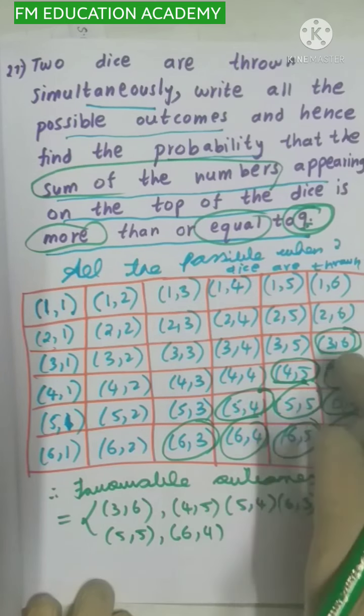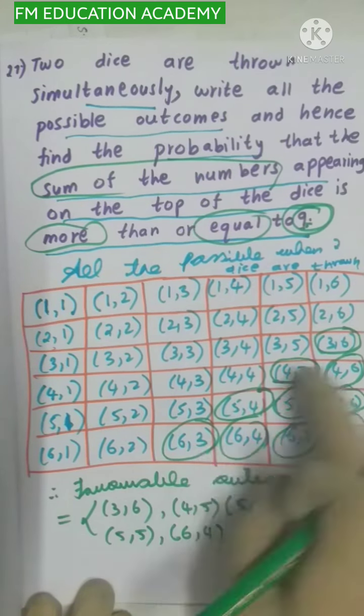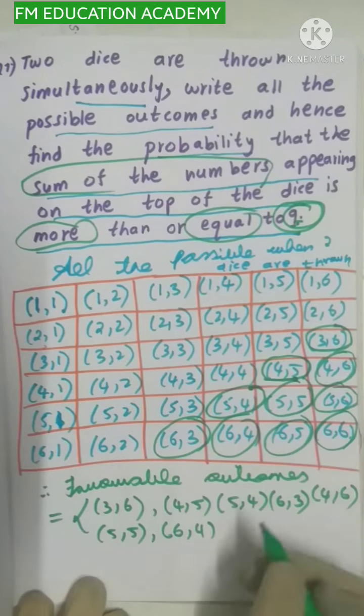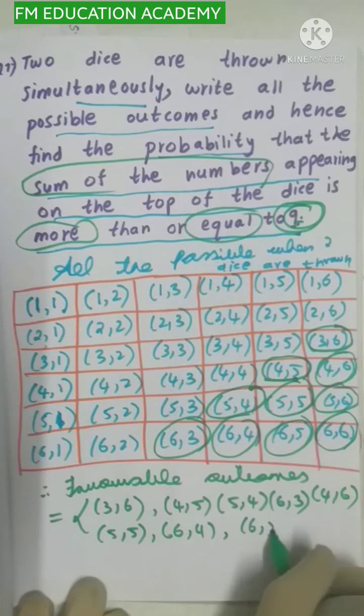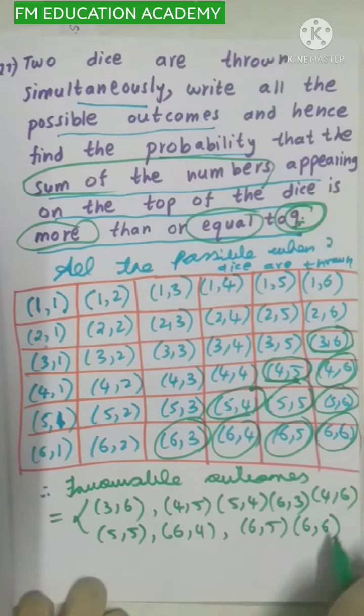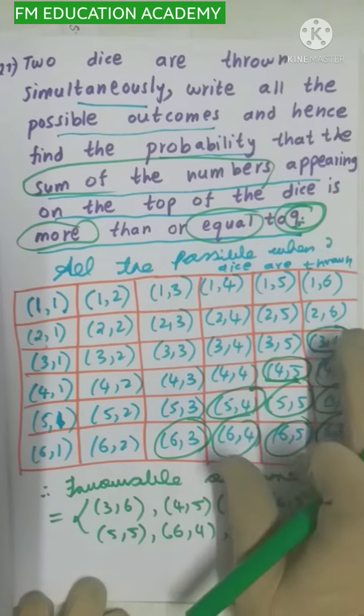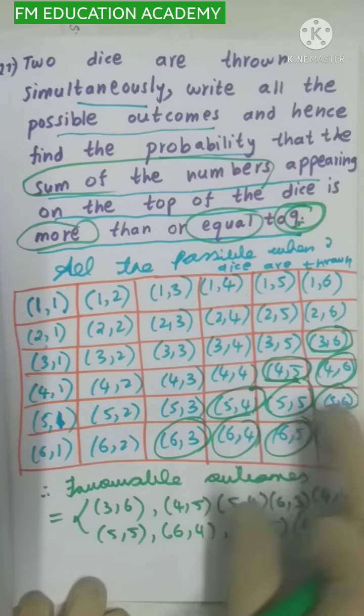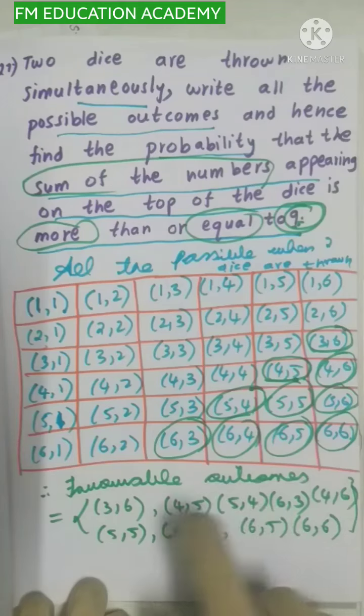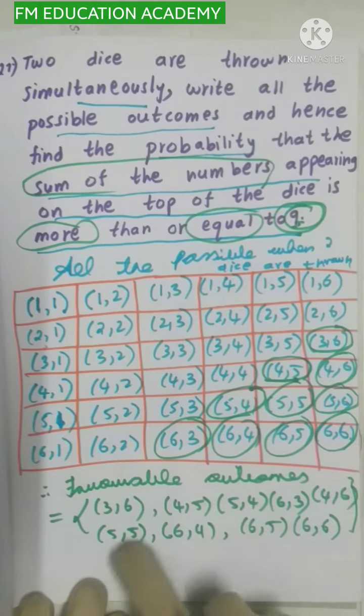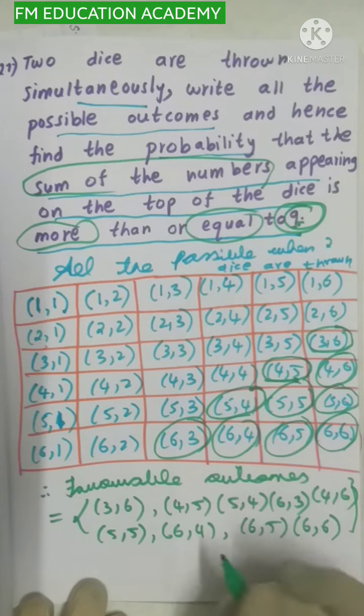I am seeing here and writing. I am writing like this in a diagonal way. Then (5, 6), (6, 5), (6, 6). How many are there? 1, 2, 3, 4, 5, 6, 7, 8, 9, 10 we are having. Let me count again: 1, 2, 3, 4, 5, 6, 7, 8, 9. What did I miss? (5, 6).